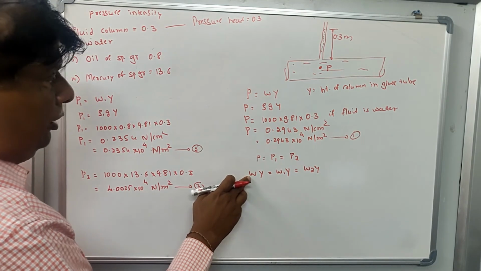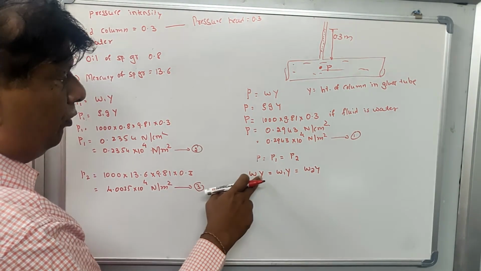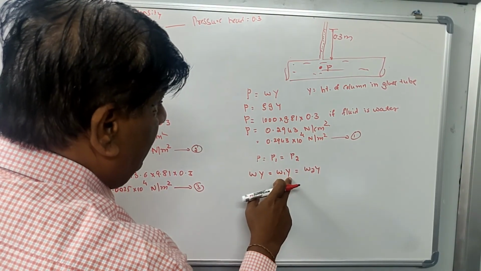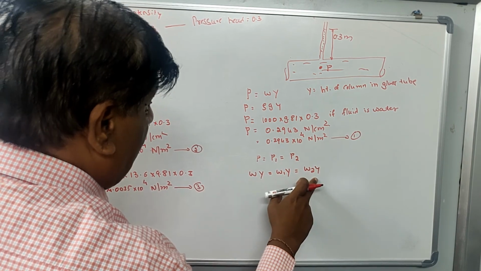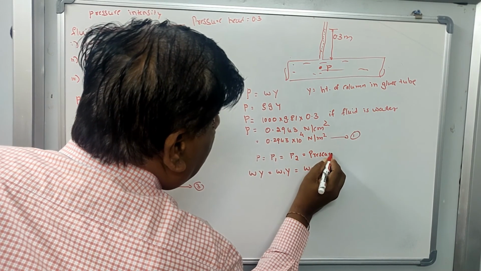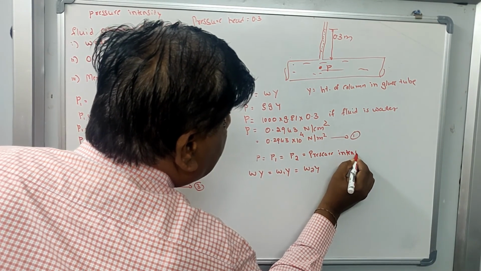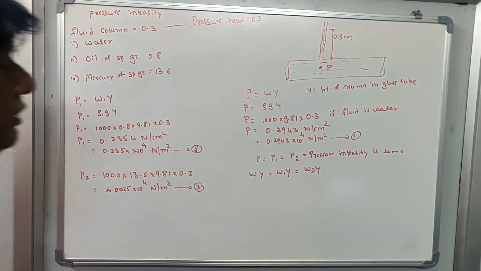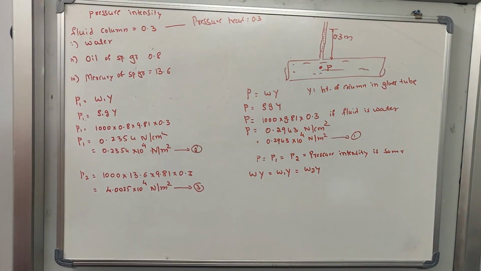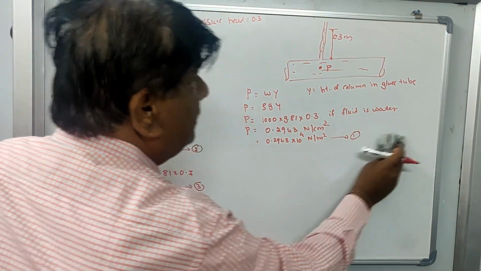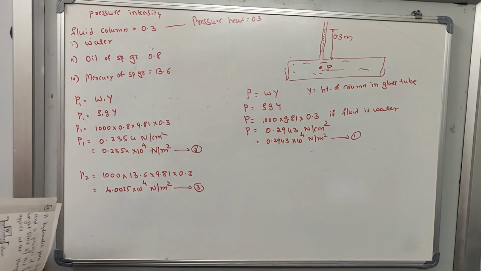This is the unit weight of water times column height, and this is equal to P1, which is equal to W1y, equal to W2y. If the pressure intensity is same, then okay, this we will discuss in the next class because the time is over. Now it is not sufficient. There is not sufficient time to discuss that concept.